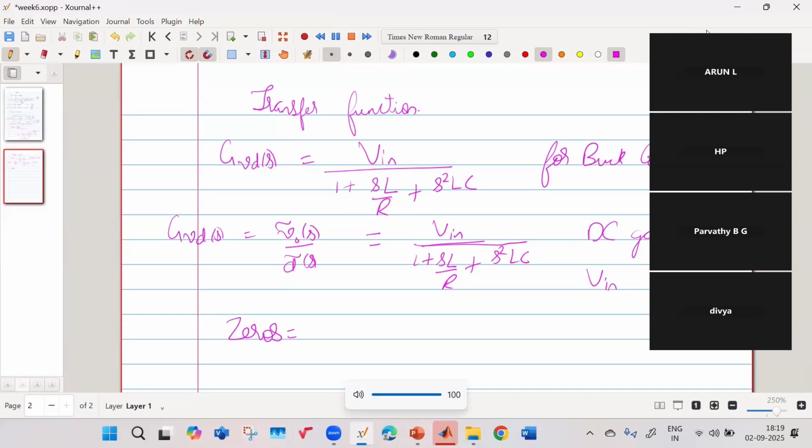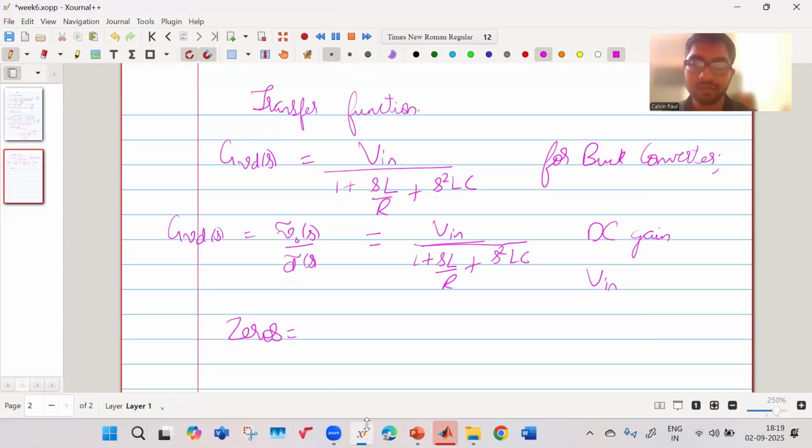No zeros. Okay, there are other people also. There's HP, Parvati, Vidya. There's also an answer, right? So zeros: none. Okay, how many poles are there? 2 poles. Okay. So that means this is a second order transfer function, right?